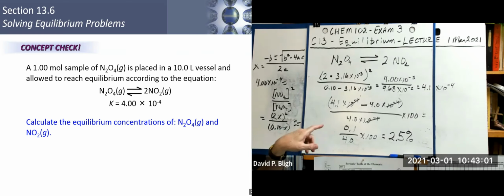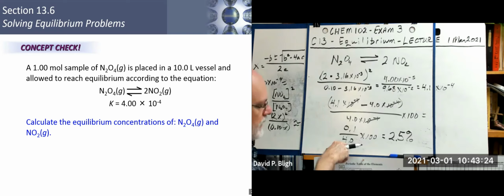Plug that value for x in here. Then recalculate for x, and you'll get much closer. In fact, it'll probably be less than 1%. But for all intents and purposes, we have our answer.